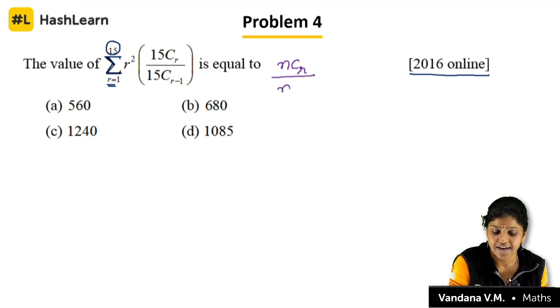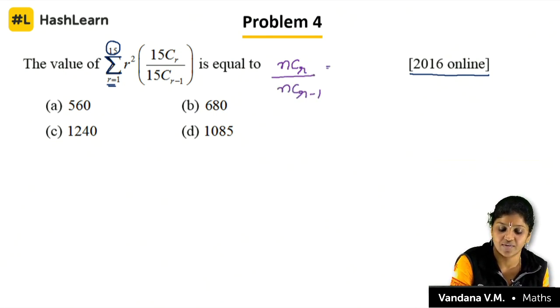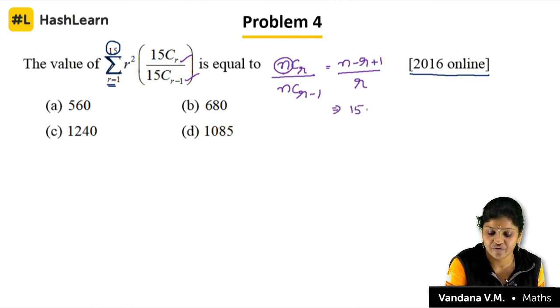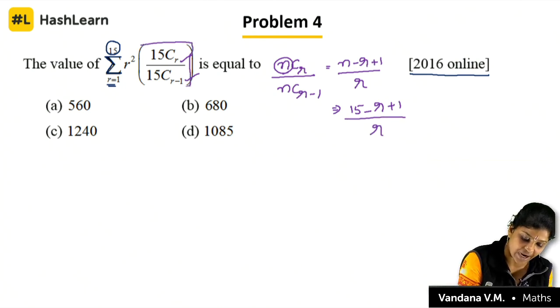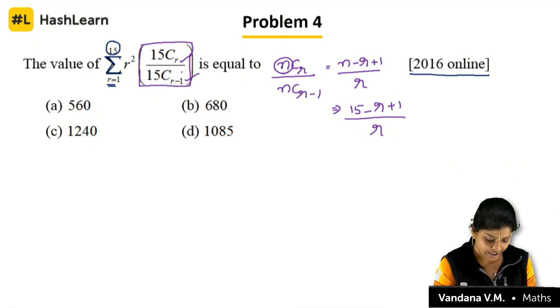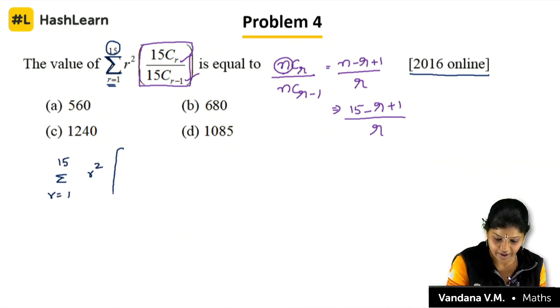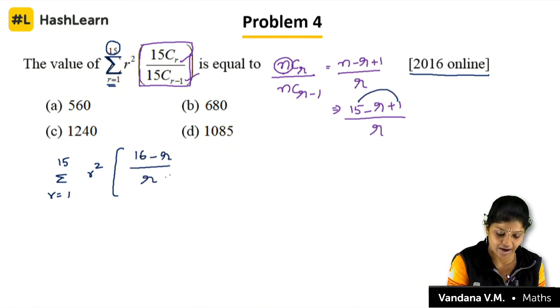nCr by nCr minus 1 is equal to (n minus r plus 1) divided by r. Continuous terms. Here r minus 1. But n value is what, children, here? 15. So if you substitute, how much I will get? (15 minus r plus 1) by r. So whatever is inside this box, I can directly write it like this: summation r is equal to 1 to 15 r square into (15 plus 1 is 16 minus r) divided by r.